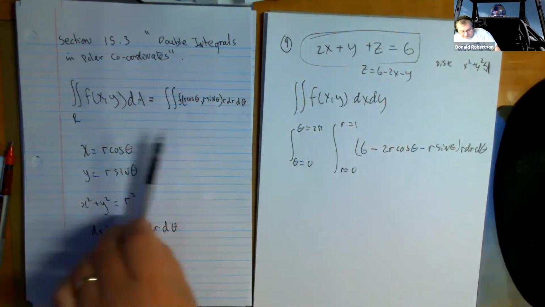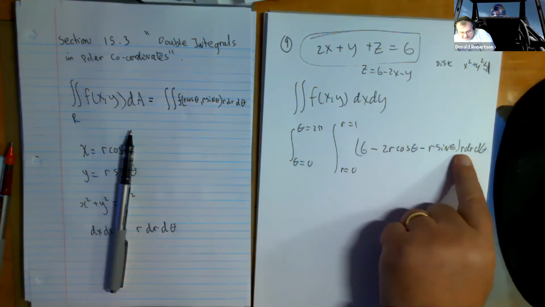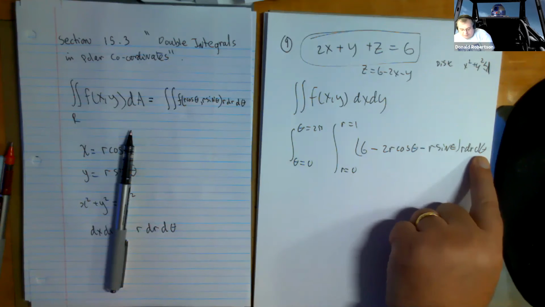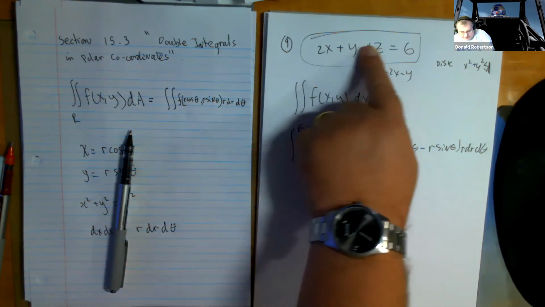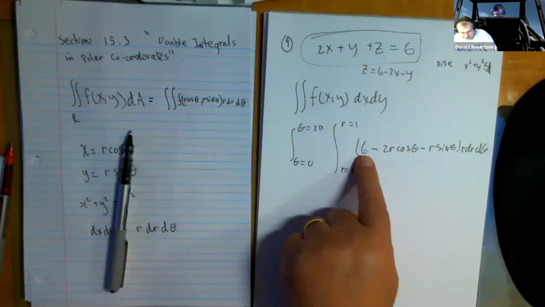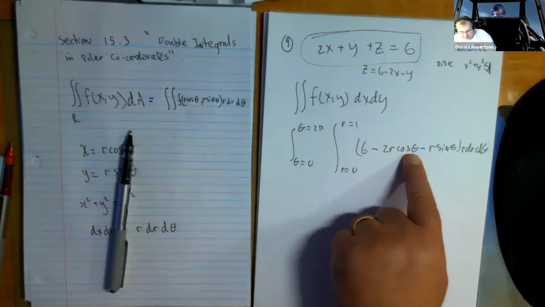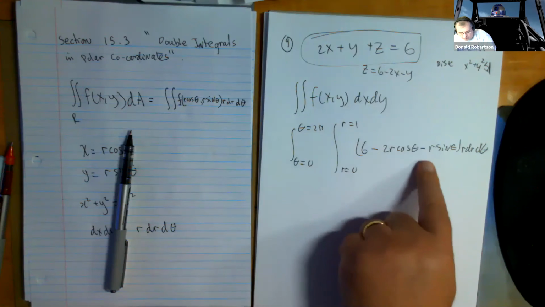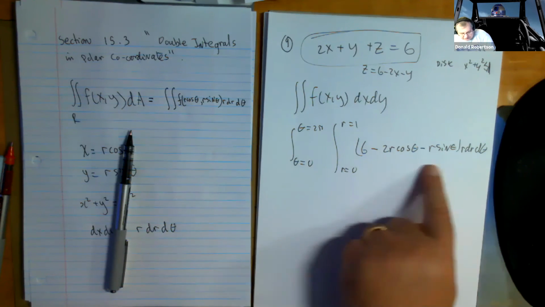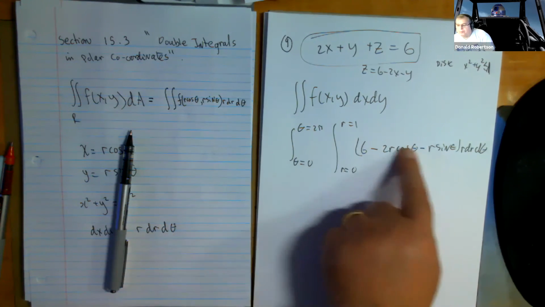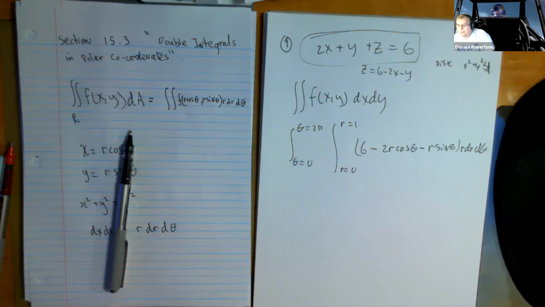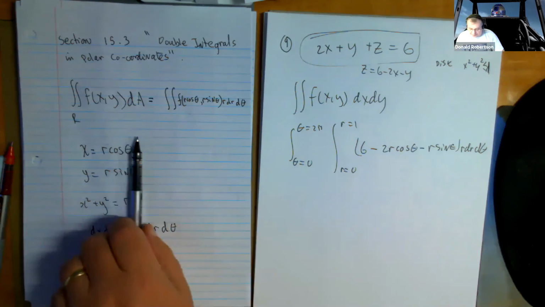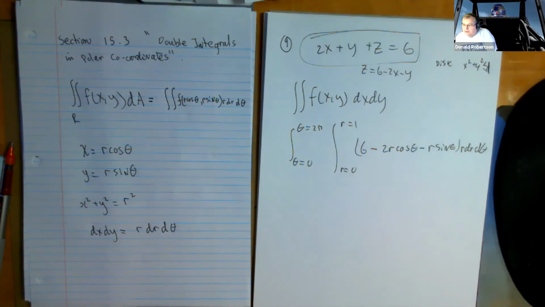Let's see if you can see all the pieces here. That guy became r dr d theta. This fella gets rearranged as 6, take away 2 x's, you see the x's are r cos thetas, minus a y, which is r sin theta. Is this variable separable? No, it just isn't. But it is doable, isn't it?